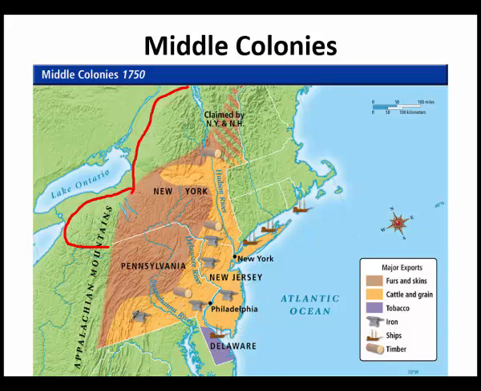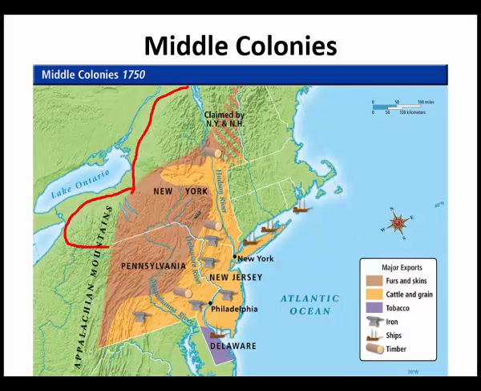Iron, again, Pennsylvania, and specifically Pittsburgh and western Pennsylvania, becomes the steel industry much later in U.S. history. Why? Because there's a lot of iron ore in this region. You also have a lot of timber coming out of these mountainous regions.